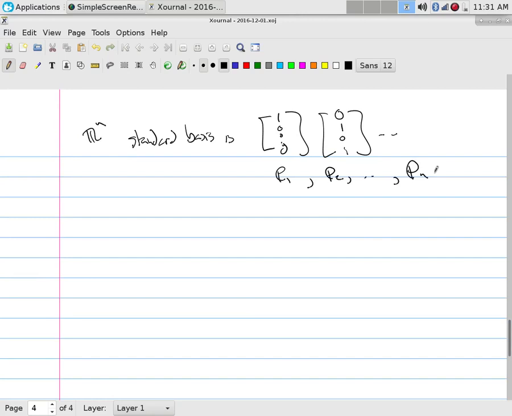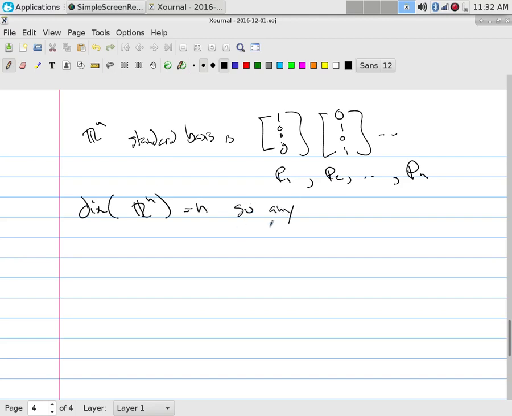If I wrote it as a matrix, it's the identity matrix, right? That's the standard basis. For Rn, what's its dimension? n. So if I have a basis, how many vectors do I need? n, and they must be linearly independent. So this also tells us the dimension of Rn is n.